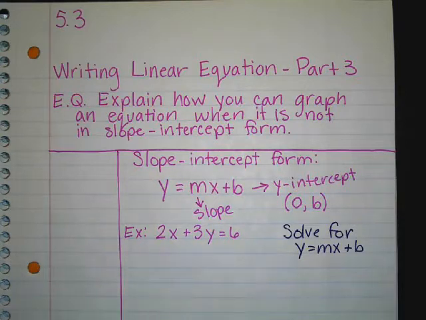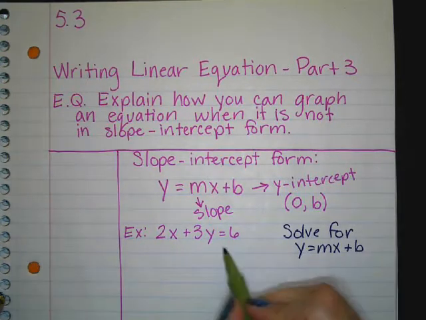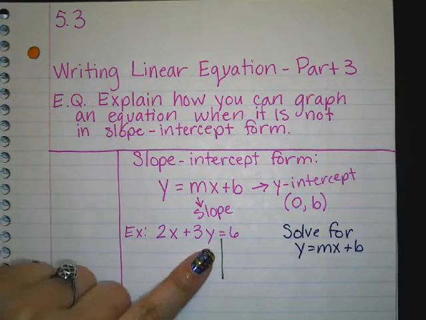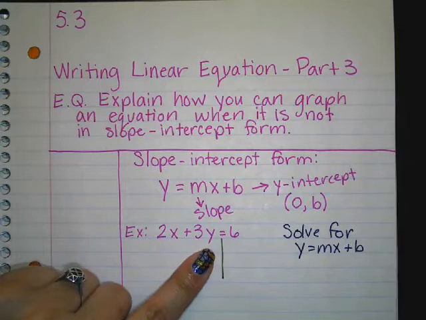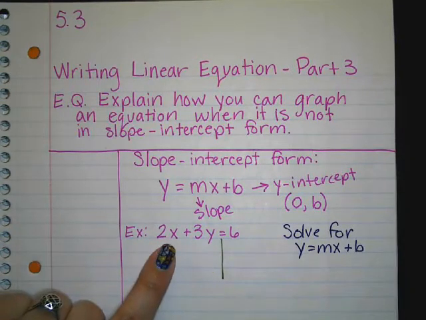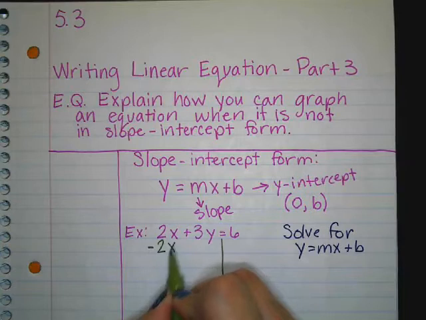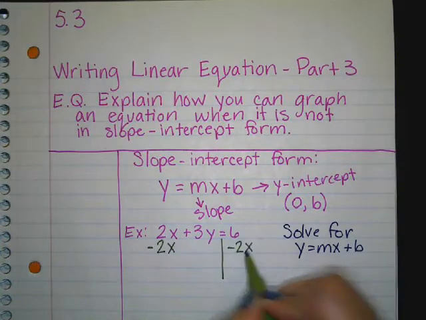Remember that the equal sign is your balancing point. If we want to get y by itself, we're going to solve for y just like we would if we had one variable. We do have two variables, so this entire 2x has to be moved to the other side. So we're going to subtract 2x from both sides.